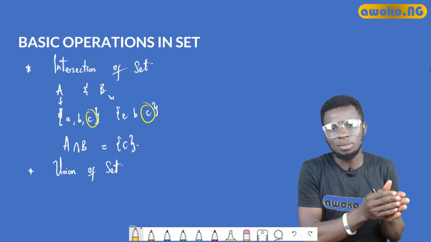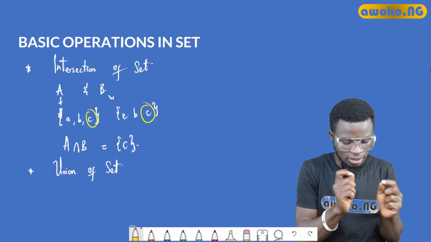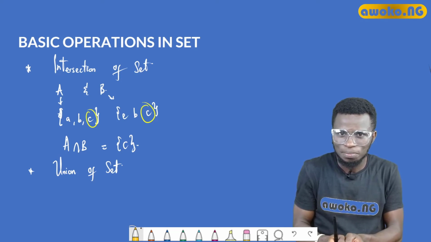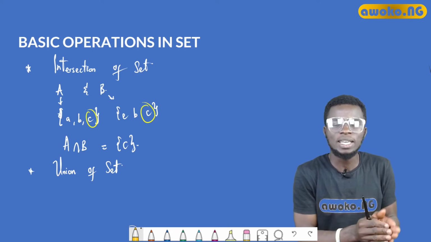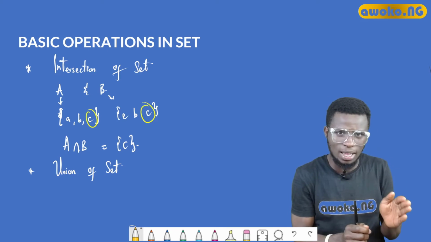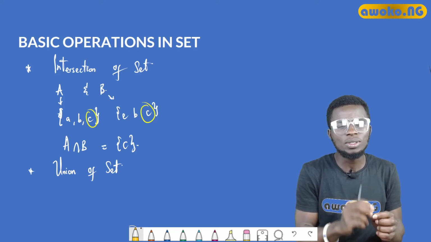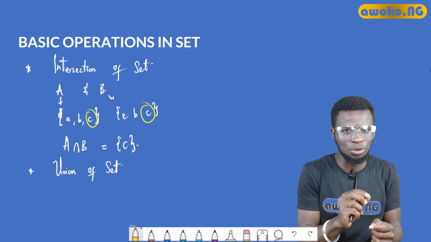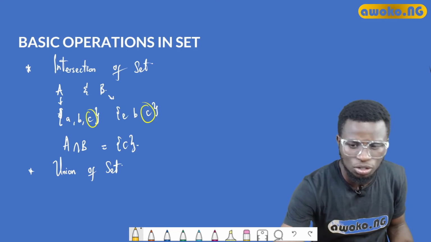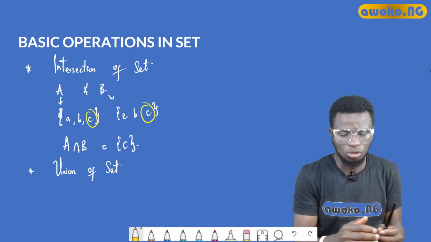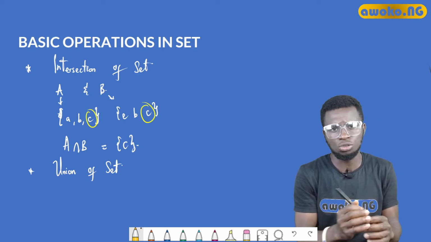Set A contains elements A, B, C, while set B contains elements E, B, C. So if I combine the elements of set A and the elements of set B together without any repetition, take note, without any repetition, then I would say that I've just done the union of the two sets.